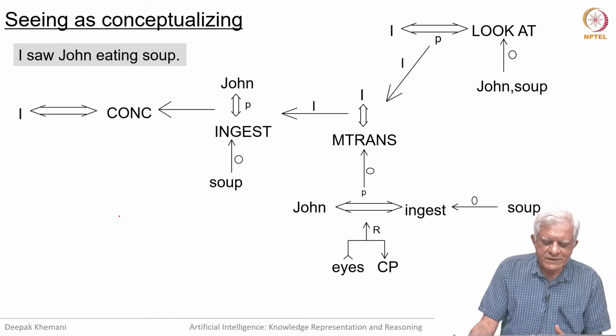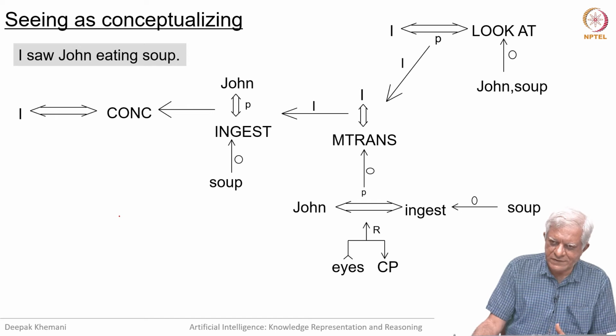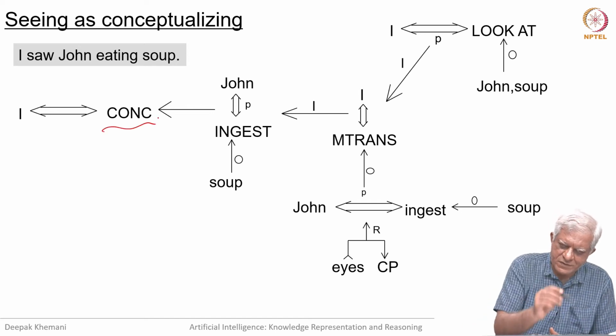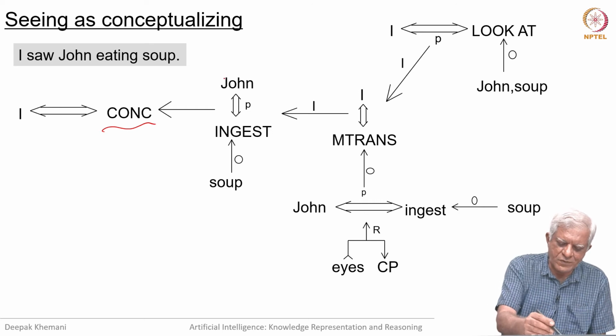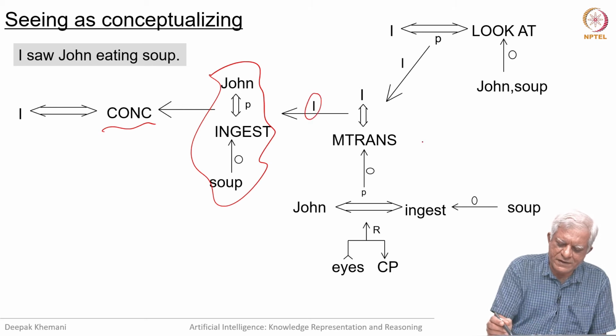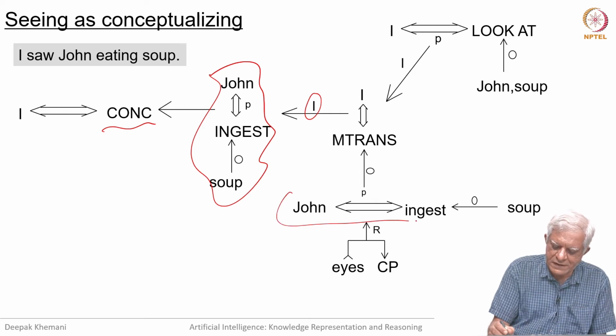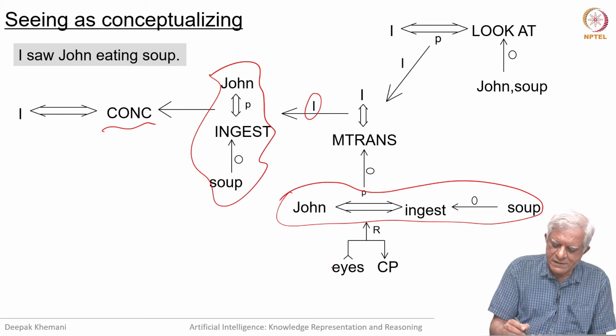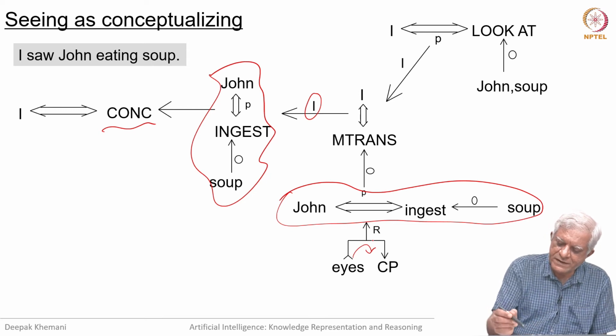Seeing as conceptualizing. When I say I saw John eating soup, then I can think about John ingesting soup essentially, which is this thing, and I can do that by the instrumental act of entrancing this whole object that John is eating soup from the eyes to my conscious processor, and this act of seeing I am doing by another instrumental act, which is look at.